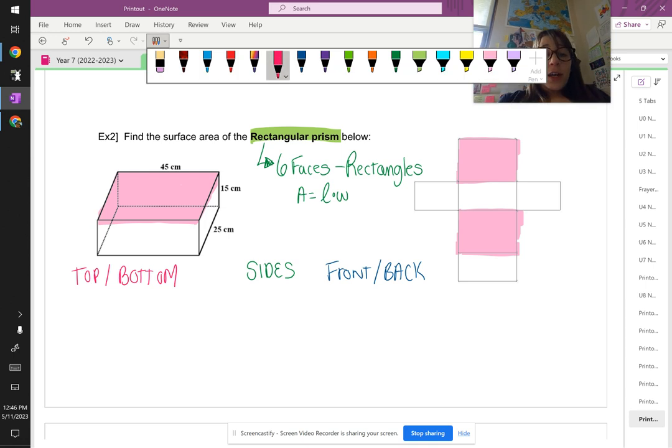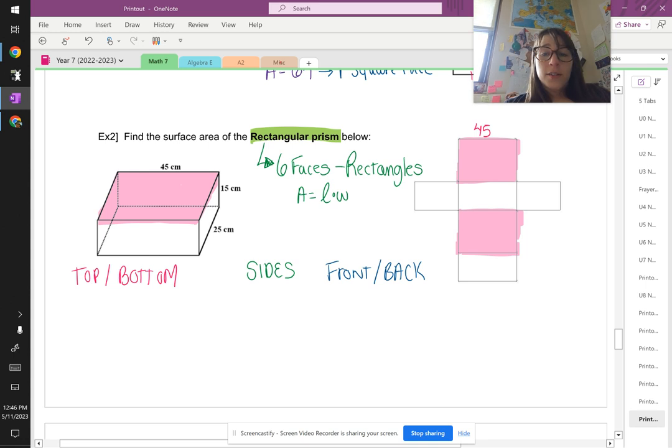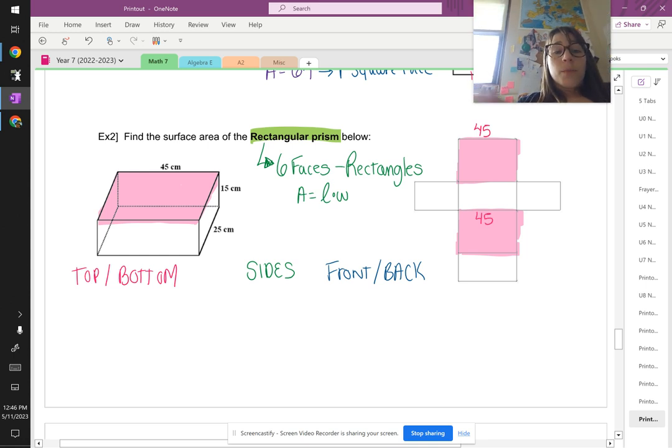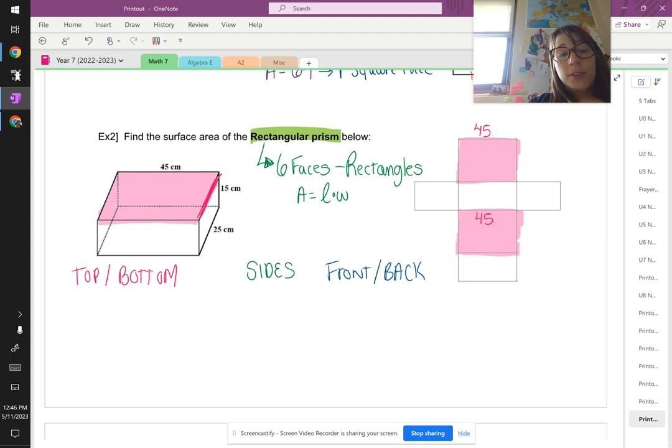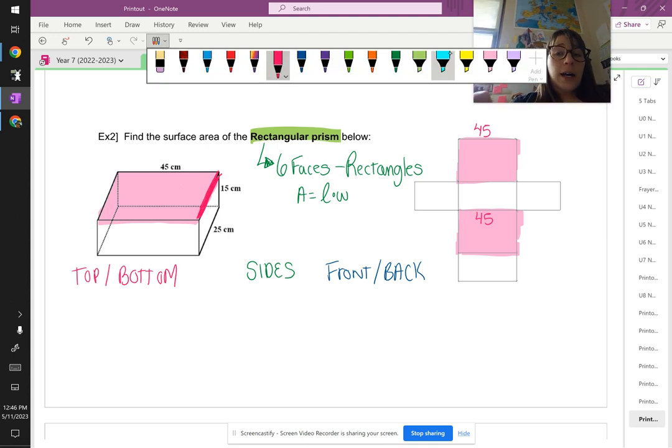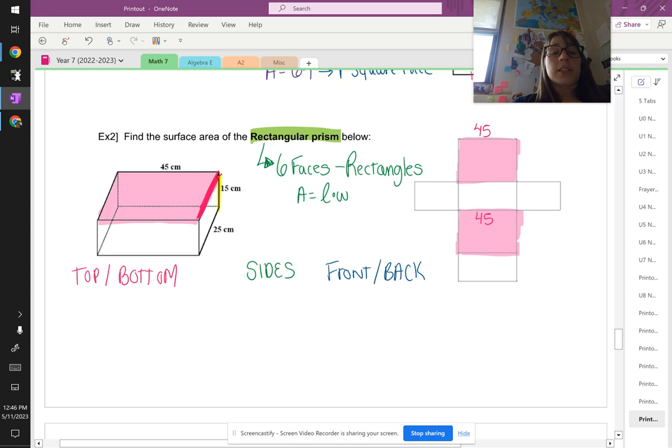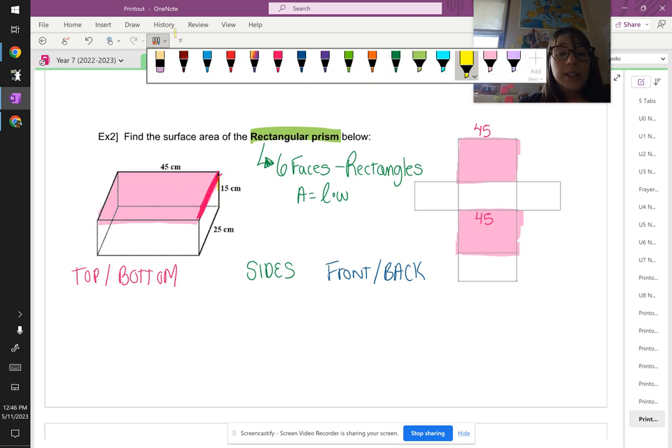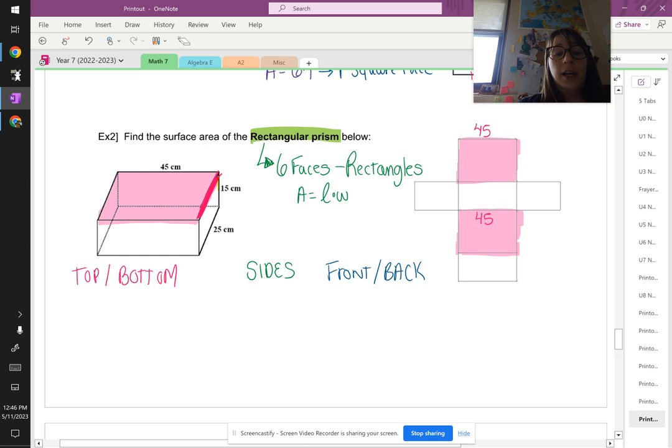Taking a look at our diagram, you can see that that 45 is definitely the length of that rectangle, but now we need to figure out the width. Might be thinking that it's 15, but it's actually not. That 15 is not part of my pink highlighted box, which is why the highlighting can be helpful. But that is the same length as that 25 down there. So it seems our dimensions are 45 by 25.